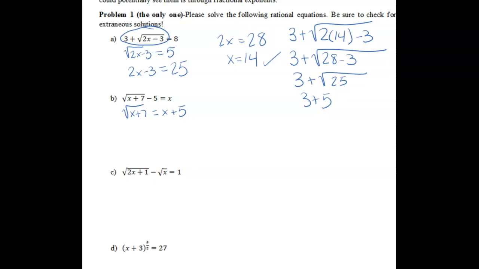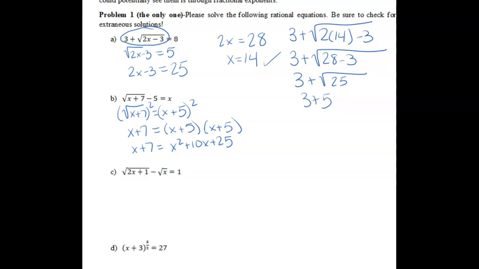I need to undo that square root, so I have to square both sides. Squares and square roots undo each other, leaving me with just x plus 7 on this side. If I've got anything more than just one term, I've got to square the entire thing on the other side. So I would have that quantity of x plus 5 times another quantity of x plus 5, which means, yeah, we got a FOIL. So we've got x plus 7 is equal to x squared plus 10x plus 25.